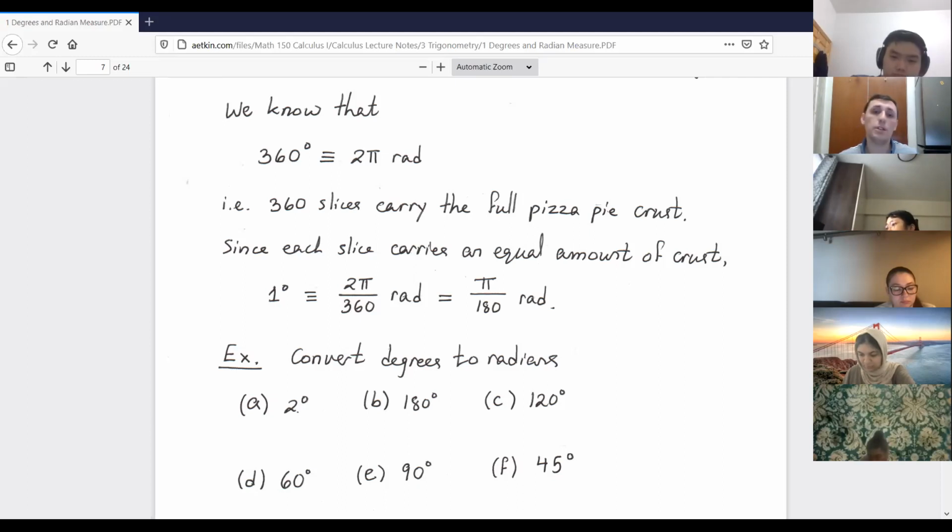Are we all clear what pi over 180 means? And 180 Babylonian slices contain approximately 3.14 radius lengths. In other words, if you took the crust and flattened it, it will be approximately 3.1415926, I believe. Yes, 926. Good.